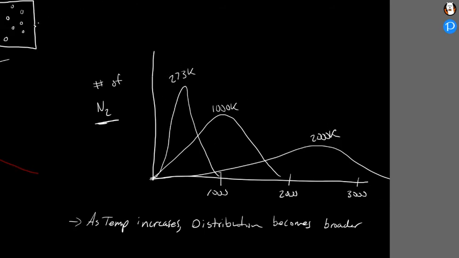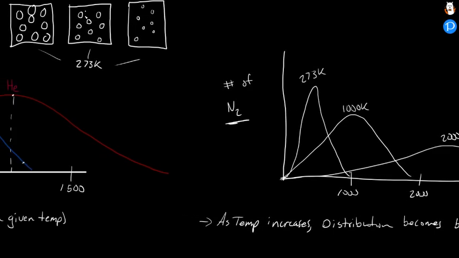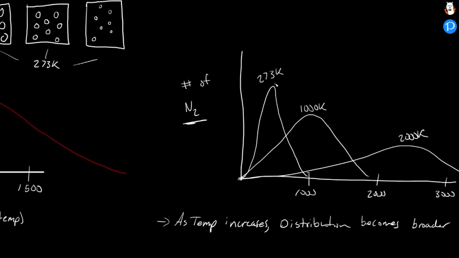So let's say I have this 273 degrees K for N2. And we would say, okay, maybe most of them are somewhere around 500 or maybe a little more than 500 meters per second. But then if I increase the temperature to 1,000 degrees Kelvin, let's say I heat this up to 1,000 degrees Kelvin, what we would see is basically the distribution just broadens out, where now most of those are around 1,000 meters per second maybe.